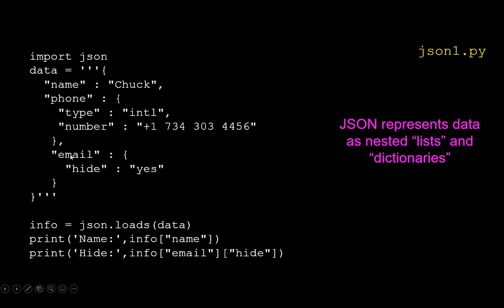And we have another sub-dictionary, which is email, and the hide is equal to yes, which is active.